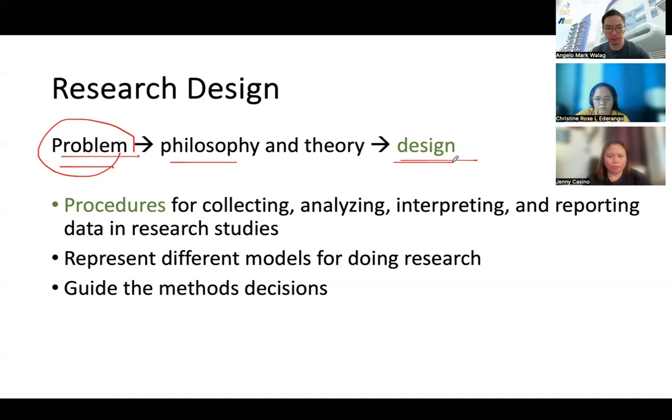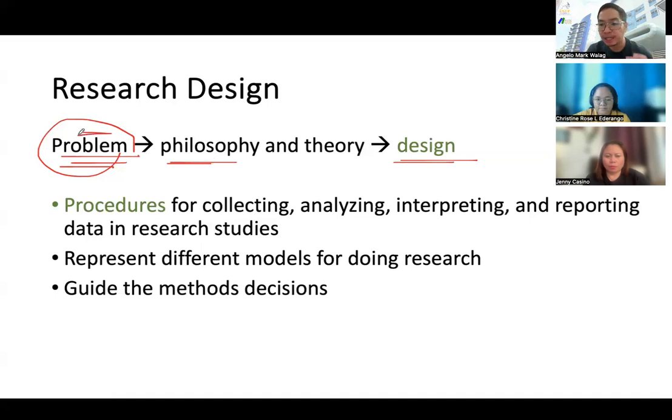So bottom line, we begin with the problem and then we situate it in a certain perspective. That is why your chapter 1 in your dissertation begins with background, followed by theoretical framework, and then problem statement, because that is supposed to be the order.